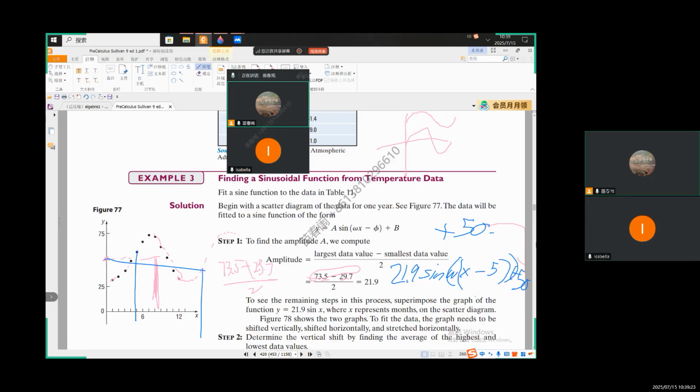Can we find the period? I think we can find the period, right? Yeah, probably. I think the period is still kind of hard to tell, because I only have like the midline to keep up with.